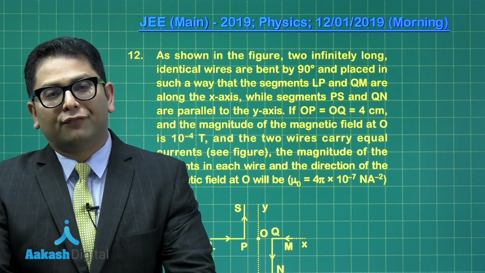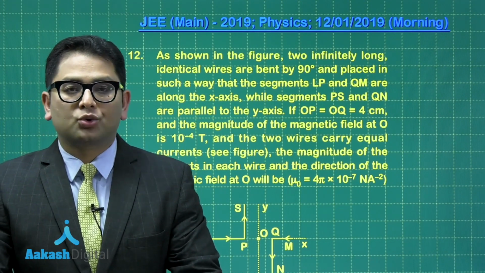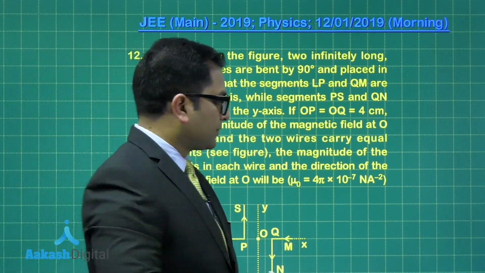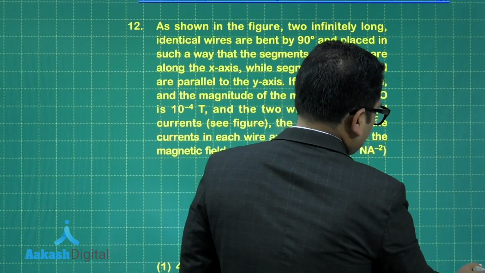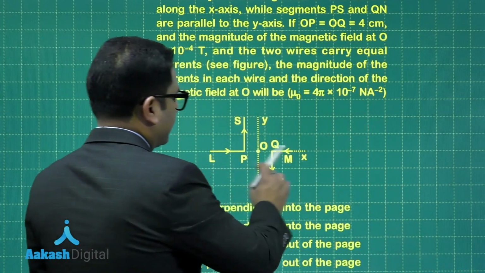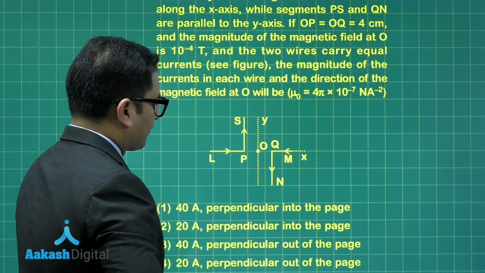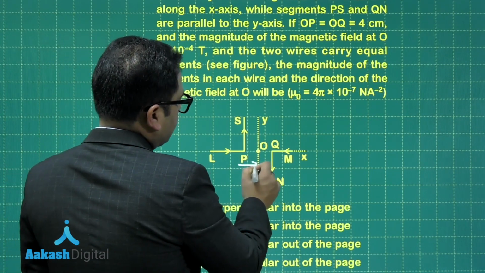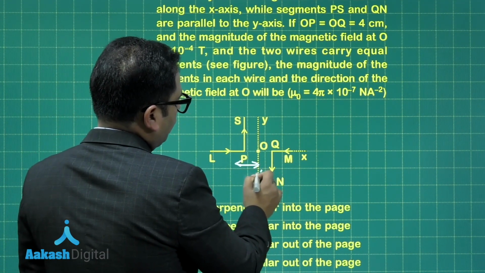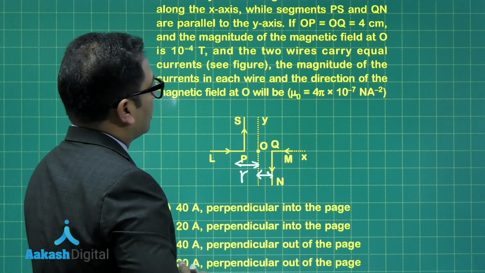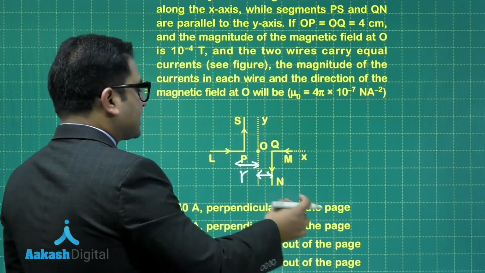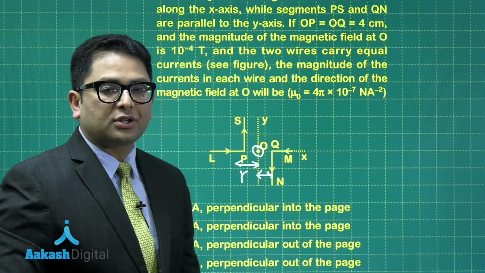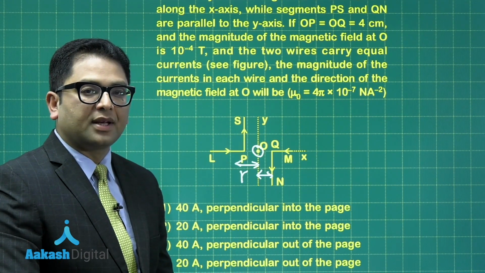Question number 12, a very straightforward question related to computation of magnetic field. And here's the question. The question has two infinitely long wires bent at 90 degrees in this given format. The question also says that this distance equals this distance, which is 4 centimeter, call it R, and the net magnetic field at O is given as 10 raised to the power minus 4 Tesla.